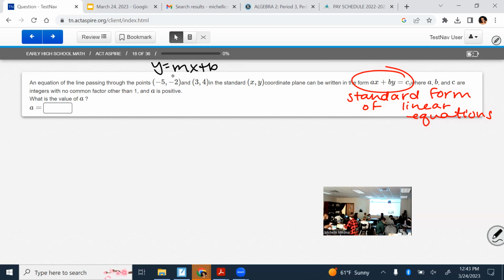All right. So again, slope. What is slope? It is rise over run. So if you have the time to, and that's the only way you know how, you could make a coordinate plane and count your rise over your run. There's also another way too. What's that other way?